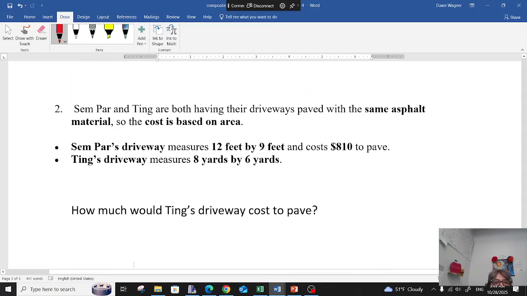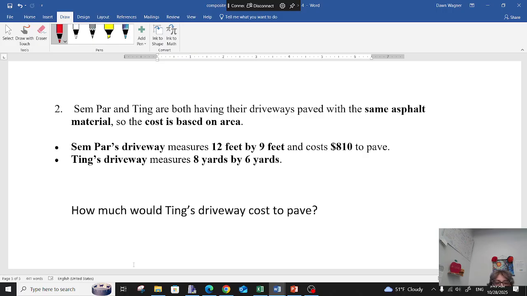Okay, Sempar and Ting are having their driveways paved with the same asphalt material, so the cost is based on area. Sempar's driveway measures 12 feet by 9 feet and costs $810 to pave.